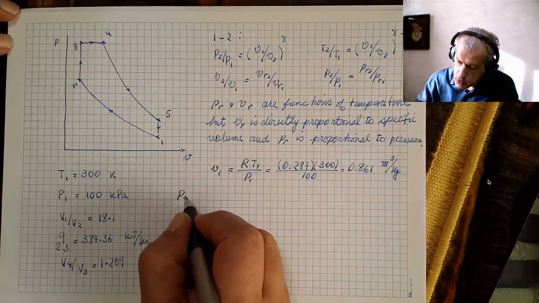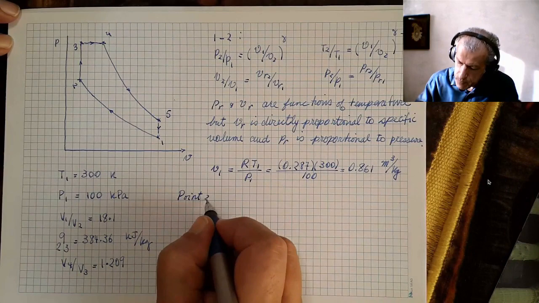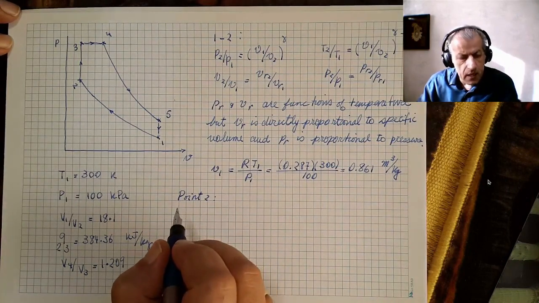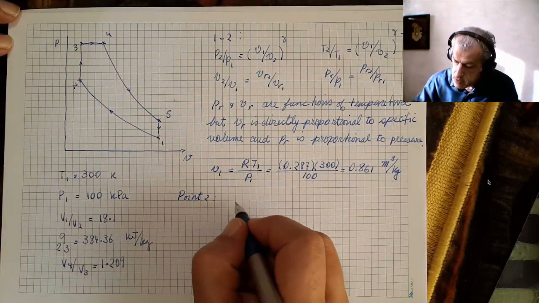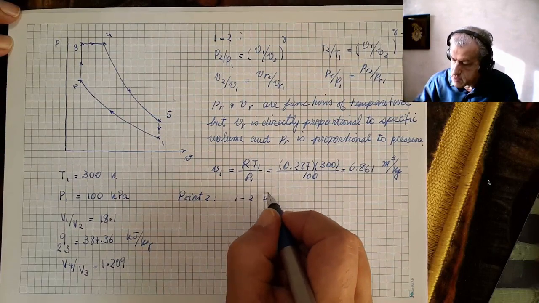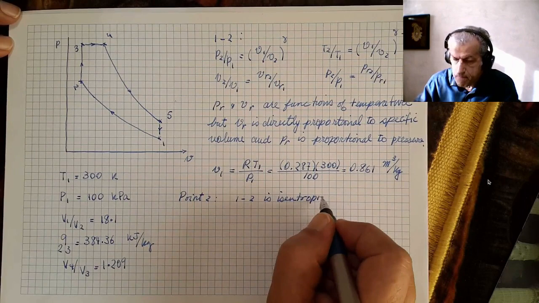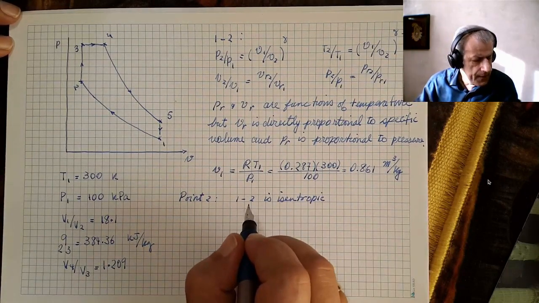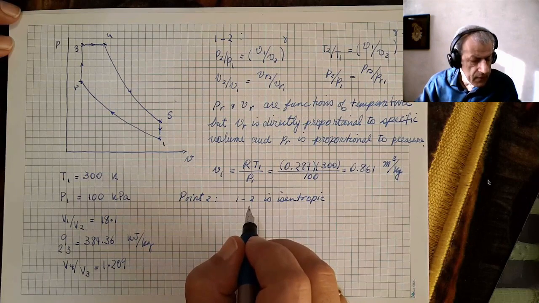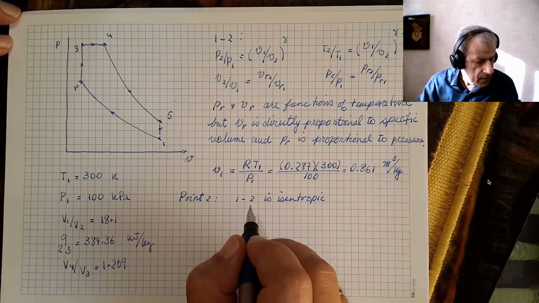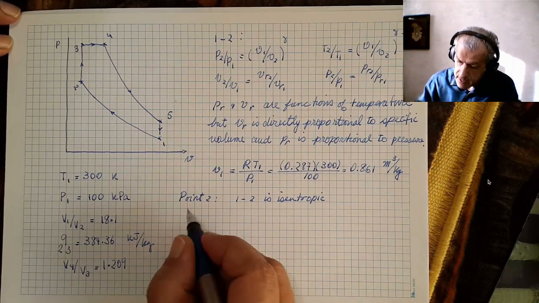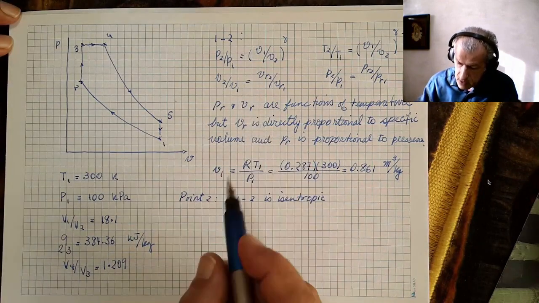As for point 2, the process 1-2 is isentropic, and we know what the volume ratio is. So we just move to this equation.